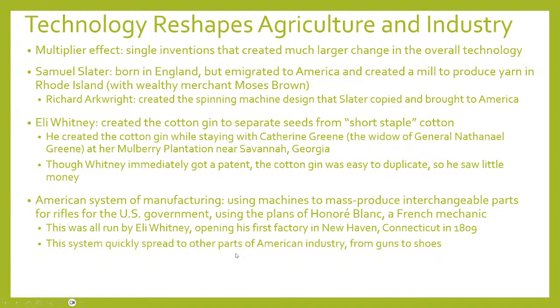The system itself spread up to other parts of American industry, used in other gun manufacturing, shoes, basically anything that had multiple parts, that if a piece broke and you needed to replace it, rather than throwing the whole thing away, you could just get another part from a shop or something. This thing caught on.